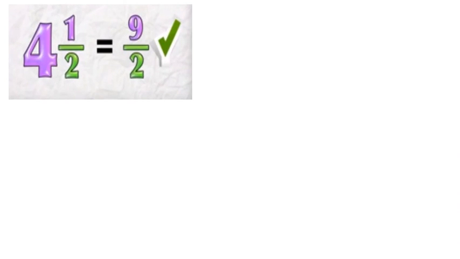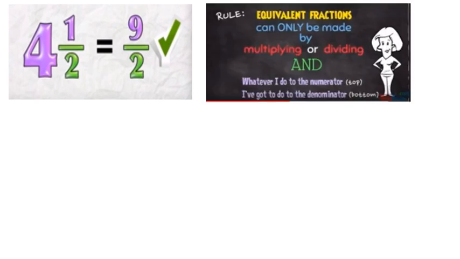So let's take a quick recap. First you have learned how to convert mixed fraction into improper, multiply the whole number with the denominator plus add the numerator to find out the numerator of improper fraction, and denominator will remain same. Second, to find equivalent fraction, the rule is whatever I do to the numerator, I have got to do with the denominator, either by multiplying or by dividing.